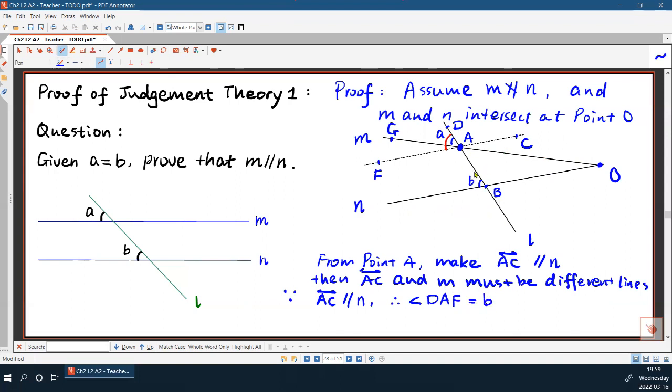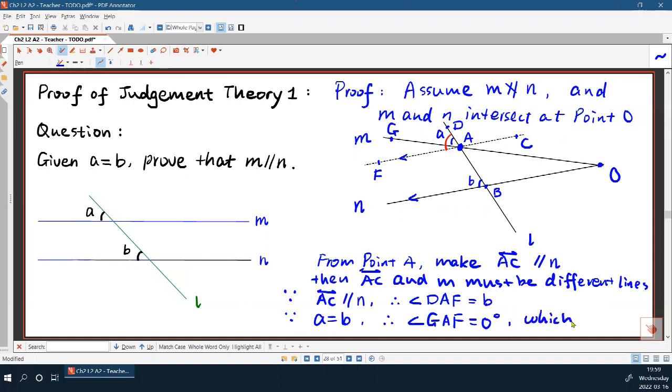Because they are corresponding angles. You see that? This line is parallel to this line, and then angle DAF and angle B are congruent. Also, because A equals B, this is given information, right? Because A equals B, therefore angle GAF must be 0 degrees, right?